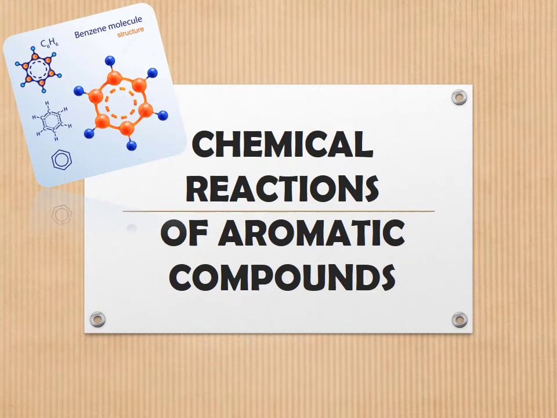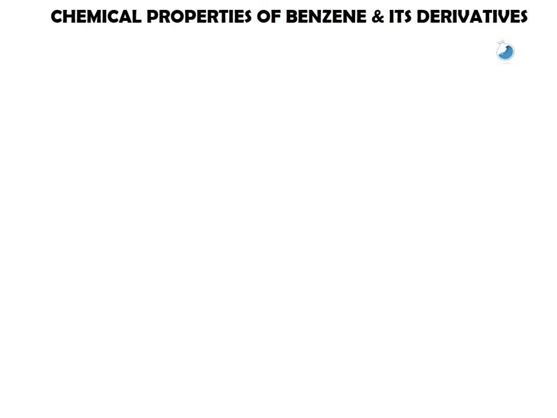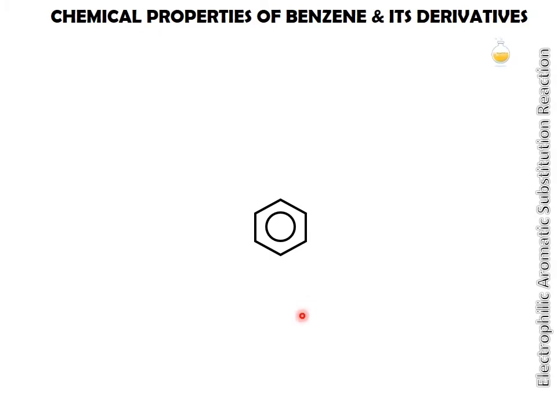Now we look at chemical reaction of aromatic compound. So this is the chemical reaction of benzene and its derivative. Okay, so we start with benzene here. So as we know class, in chapter 4.4, I already explained about the type of reaction involved in aromatic compound, which is electrophilic aromatic substitution.